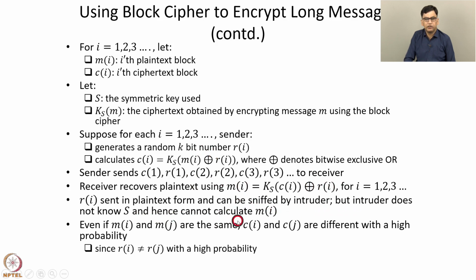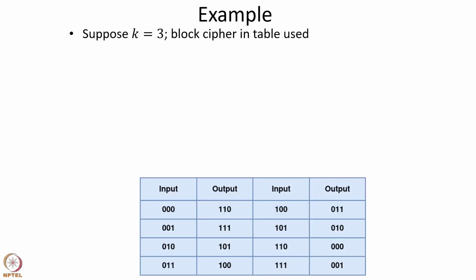So with a high probability, Ci and Cj are different. That is because Ri is not equal to Rj with a high probability. Ri and Rj are chosen randomly. They are independent k-bit strings, so with a high probability, they are different. Hence, the ciphertext blocks Ci and Cj corresponding to identical plaintext blocks mi and mj are different with a high probability.